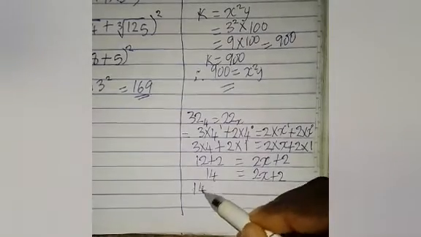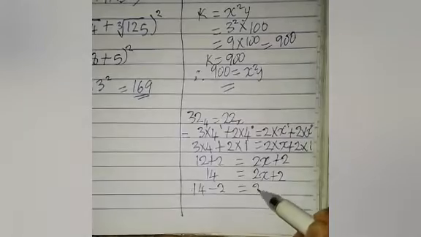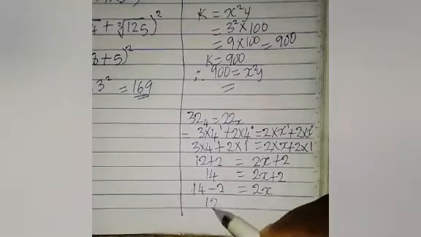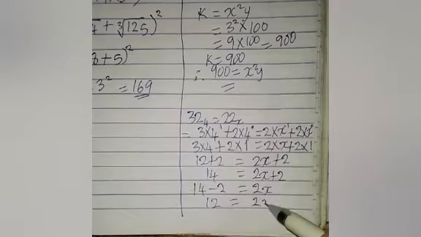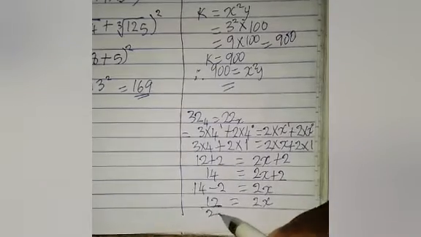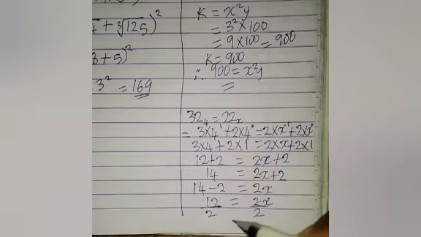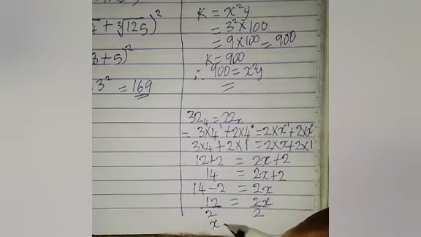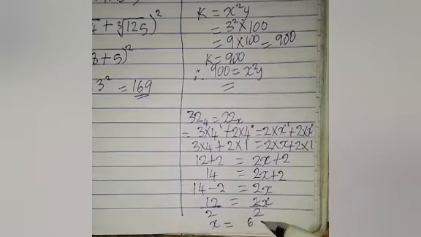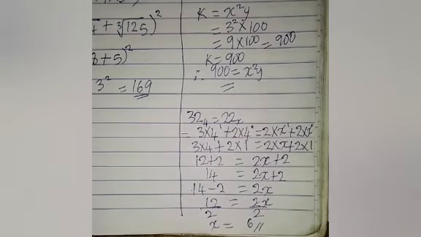Then 14 minus 2 is equal to 2x. 12 is equal to 2x. Dividing both sides by 2, we have that x is equal to 6. And that is our answer.